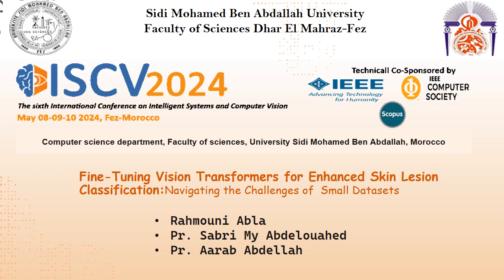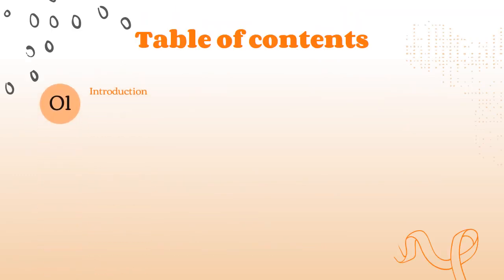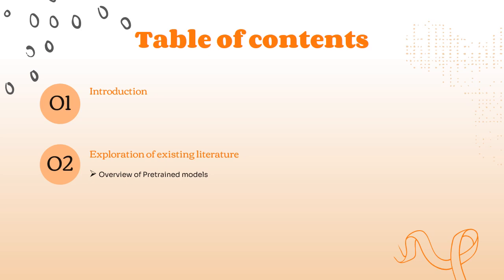But first, we're going to start with an introduction, and then we will explore some existing literature, in which we're going to have an overview of pre-trained models and pre-training in natural language processing as well.